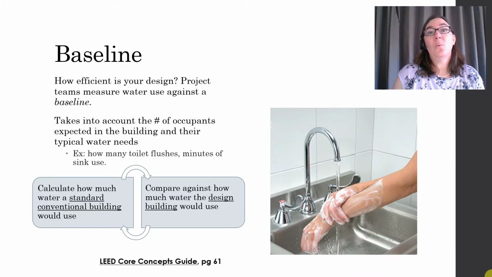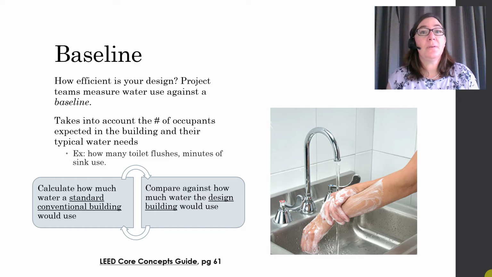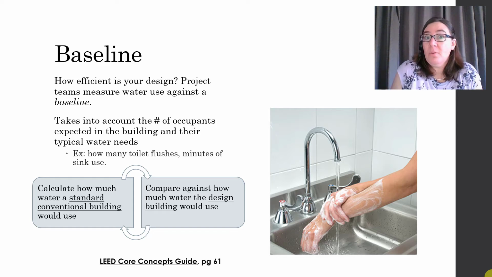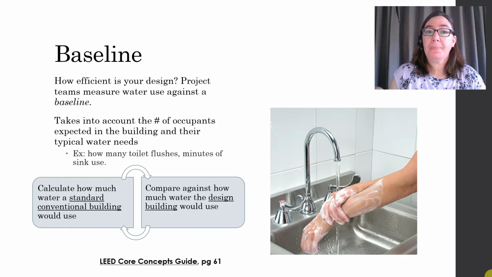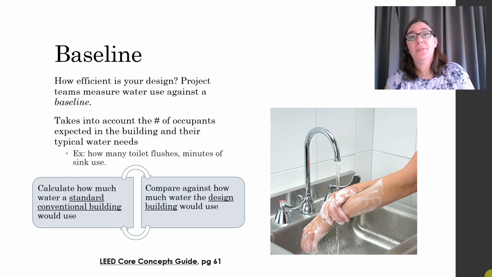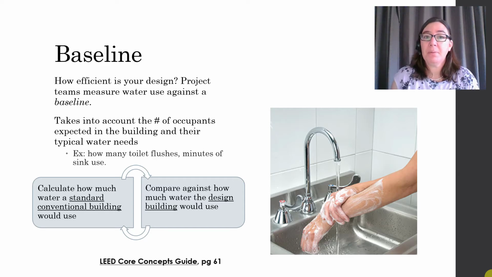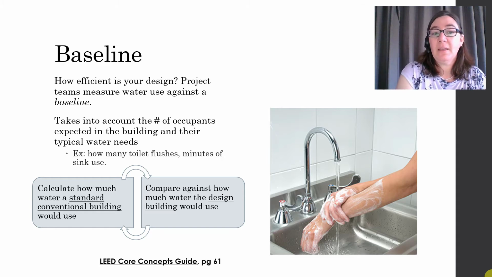When we're designing for water efficiency, it's important to know how efficient your design is. How do we measure this? Well, project teams are going to measure water use against a baseline. So a baseline will take into account the number of occupants expected in the building and their typical needs. For example, your building owner estimates 10 occupants.